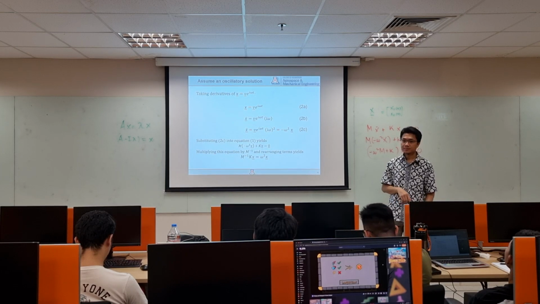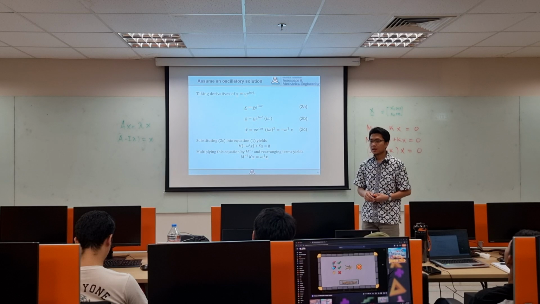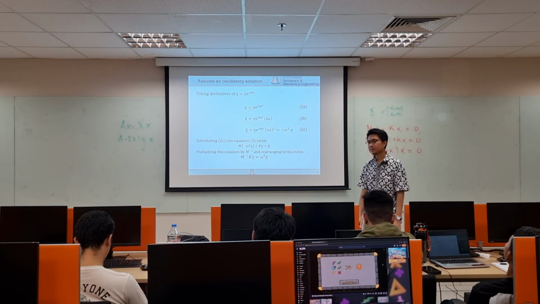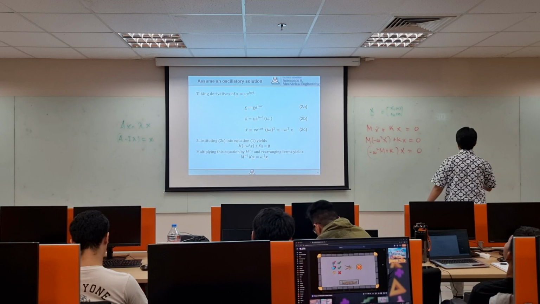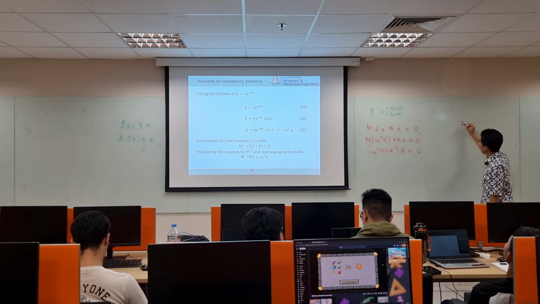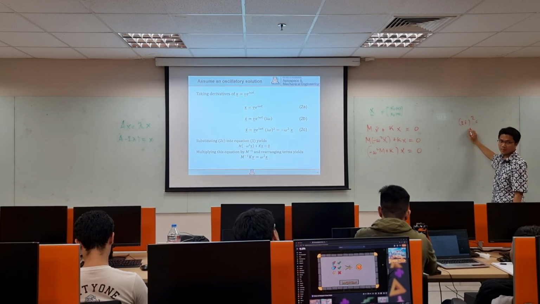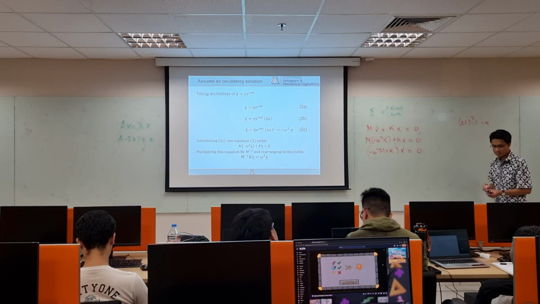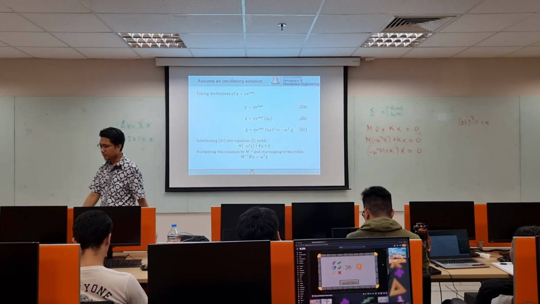The imaginary operator i, you square it, it becomes minus 1. It's like if you have 2i and then you square it, what's the result? Minus 4. Okay, clear.